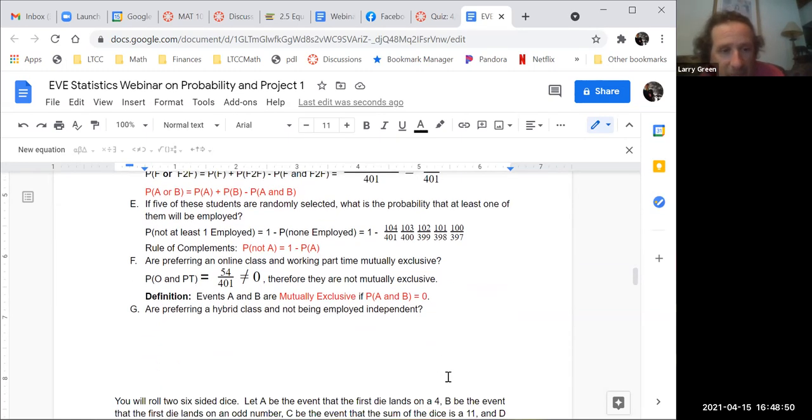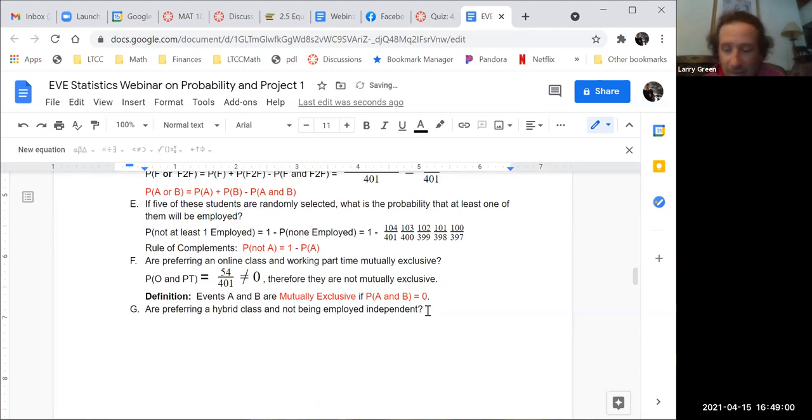Okay, then the last question is, are preferring a hybrid class and not being employed independent? Just like the last one, that needs a definition. This one's a lot more complex.